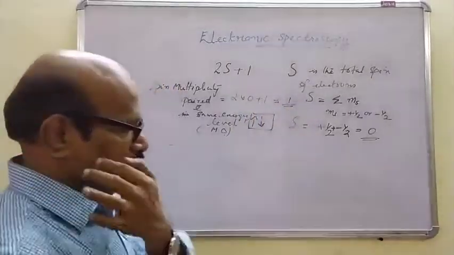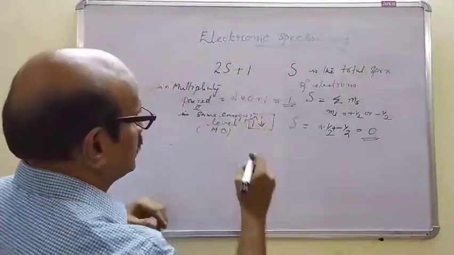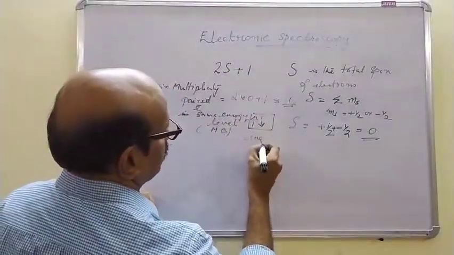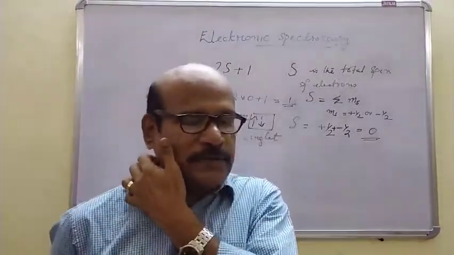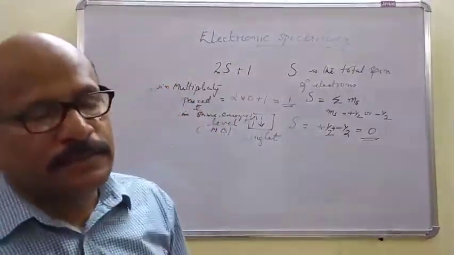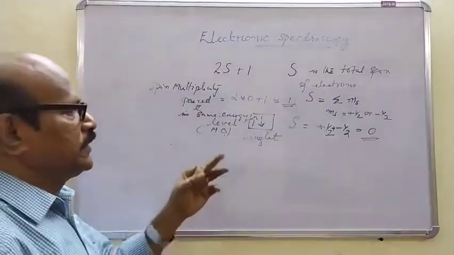That state is called a singlet. The situation in which the electrons are paired in a particular energy state is called a singlet.